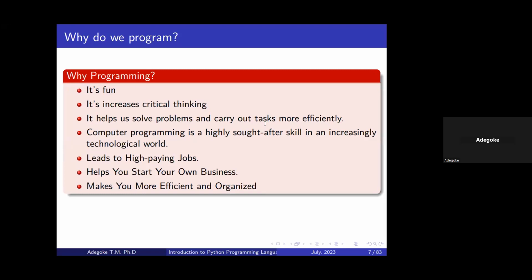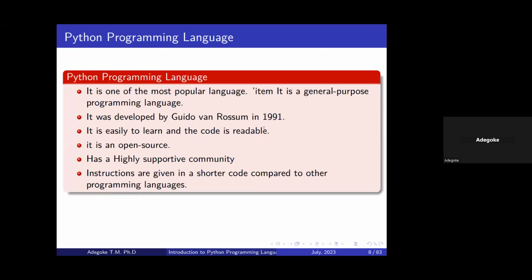And programming is a highly sought after skill. When you look at job adverts, they will tell you they need a data analyst that can use some statistical packages. And also, if you are looking for money, we can get it through programming languages.